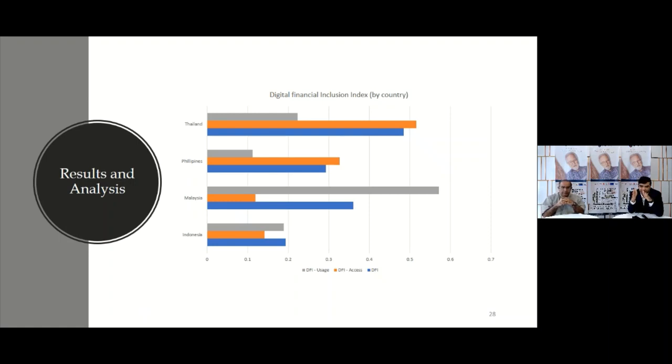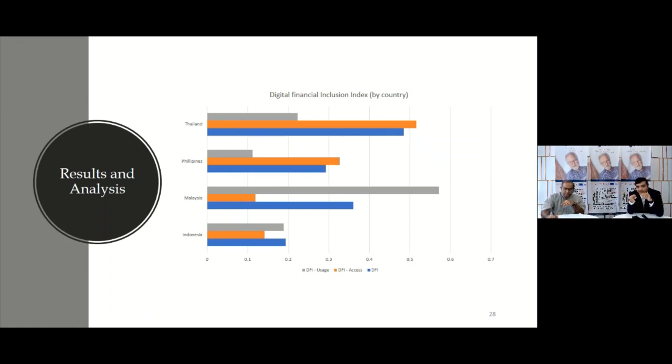It's high, although Thailand is the second highest. This is due to usage, because we combine usage and access to get the overall digital financial inclusion.